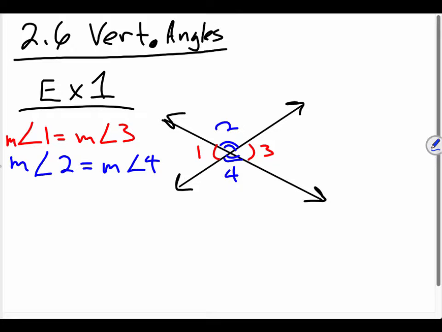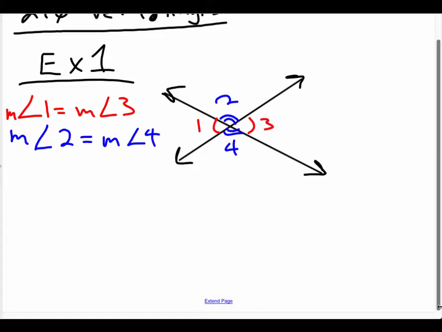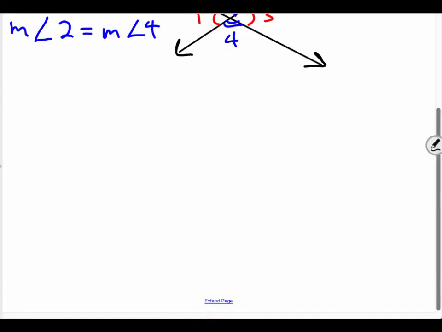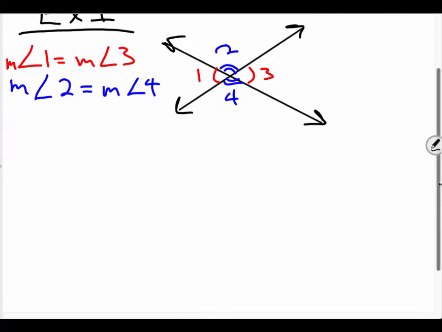So the way that we do that is, we're given some information. So let me slide that down here. We're given, what do you know about angle 1 and angle 3? They're equal. Their measures are equal.